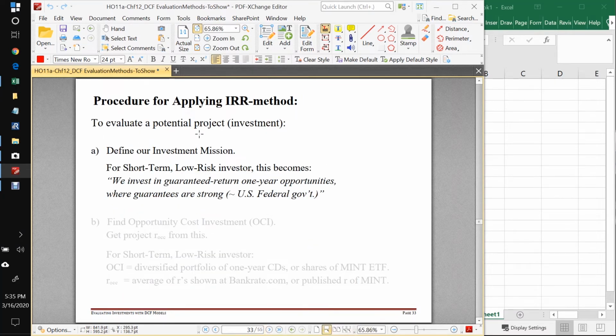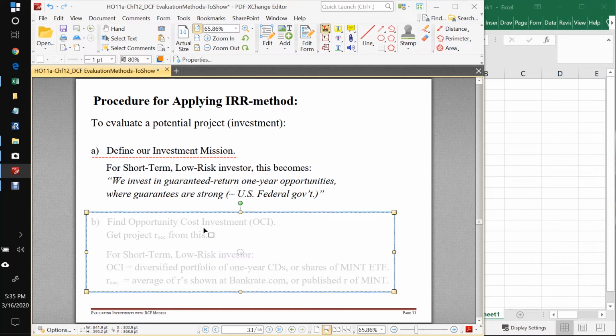All right, so let's get a little recipe for using the IRR method. And the way this is going to work is if we want to evaluate a project with this method, as usual, first of all, we're going to define our mission. So for our short-term low-risk investor, that was we invest in guaranteed return one-year opportunities where guarantees are strong.